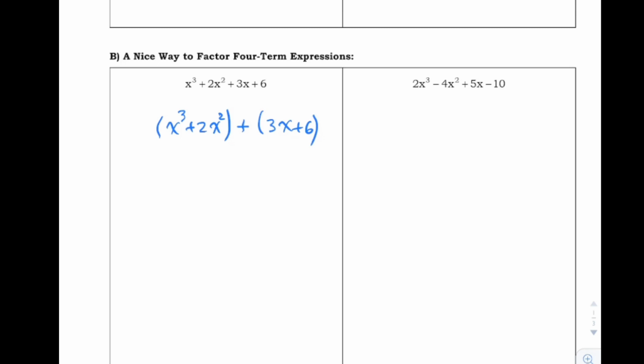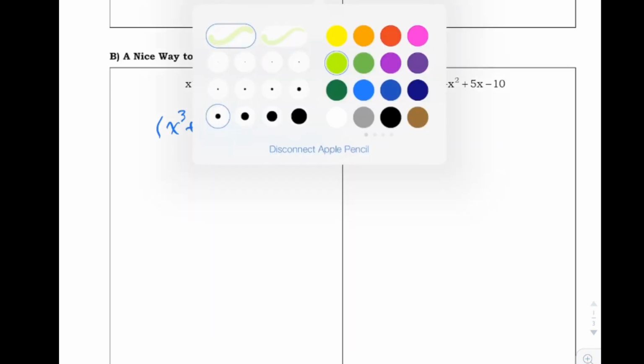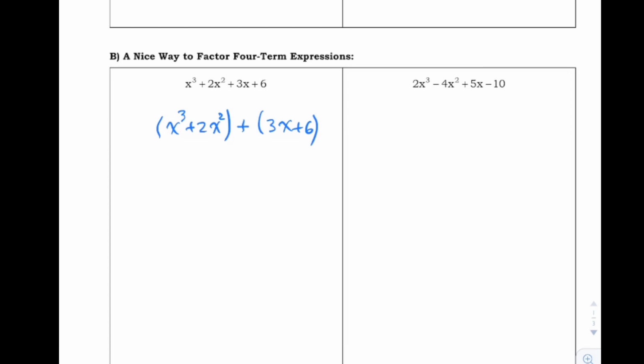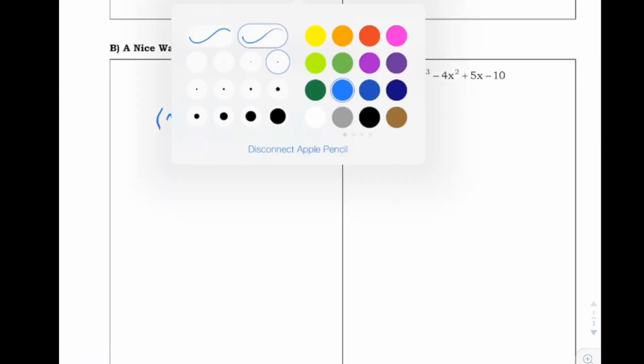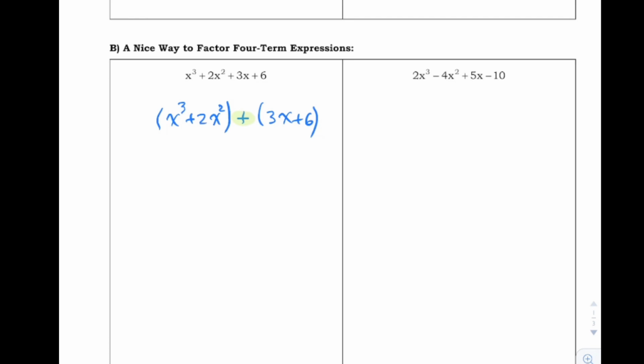Now, something I want to emphasize here is the way that I have this big old plus here. The plus separates the parentheses. It separates the groups.